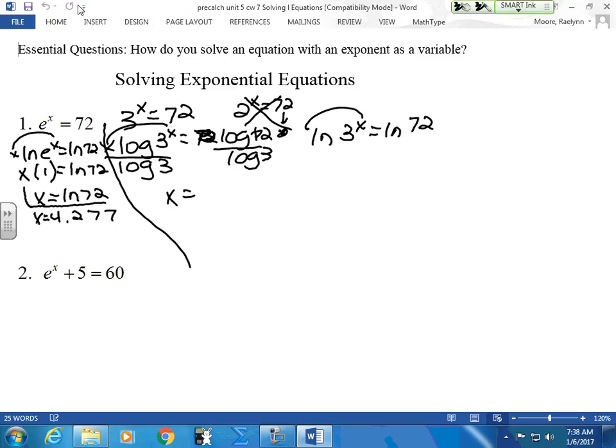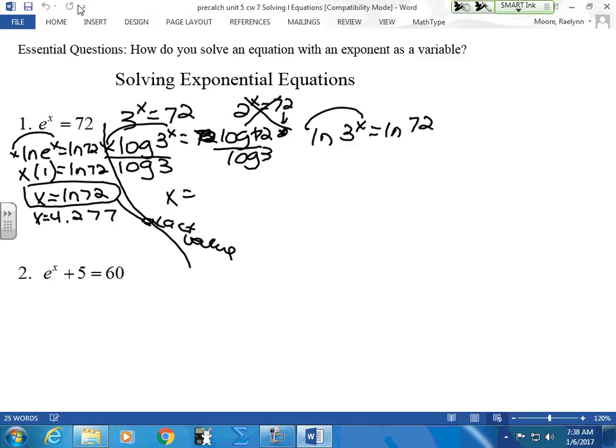This, like this, is an exact value. But in pre-calc, unless we state otherwise, we usually round to 3 decimal positions. Like with a radical, if it said radical 2, you would leave your answer radical 2. But a lot of times in pre-calc, we round to 3 decimals.